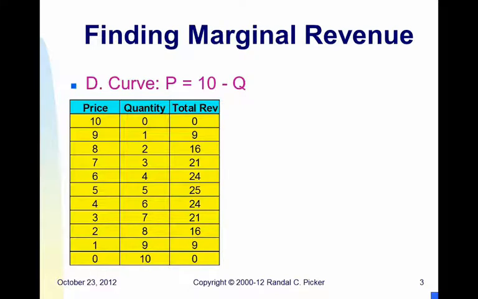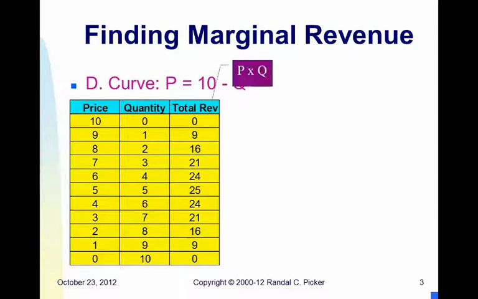And so I can just plug and chug on the demand curve, put the prices in, get the quantities. That calculates the revenues. Notice the way in which total revenue rises and peaks at a price of 5 and a quantity of 5 and then works its way down. Okay, so that's the starting point.